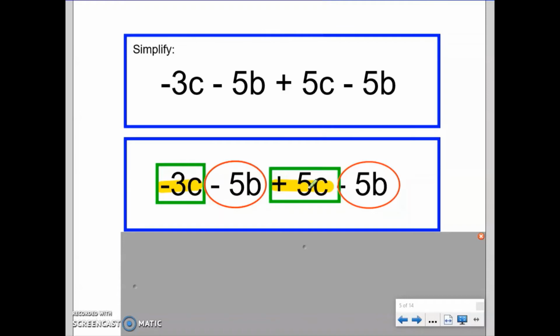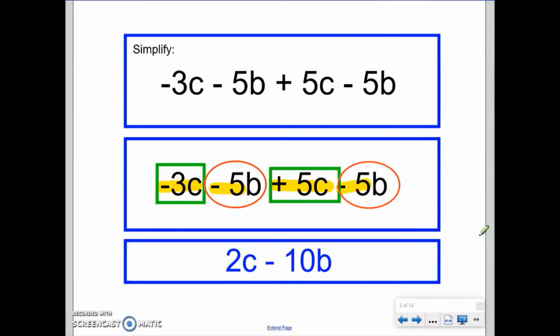Then if I look at my b's, I'm already starting on minus 5b, and then I take away another 5. So I start on negative 5, and then I get even more negative. So minus 5, take away a 5 is going to land me on minus 10b. So my final answer, when I simplify this expression, is 2c minus 10b.